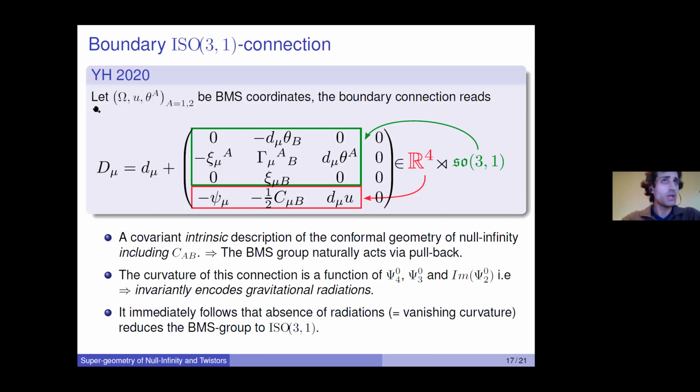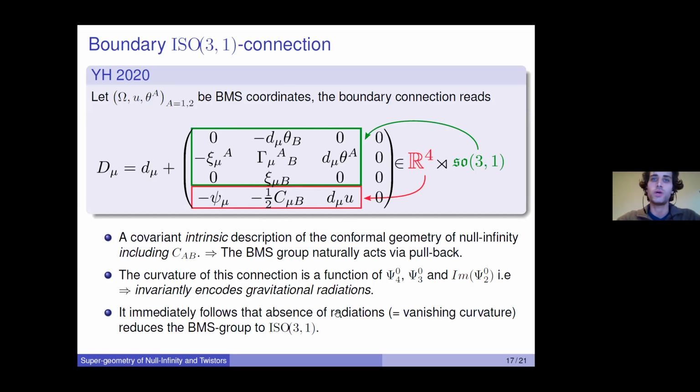perspective. You can have a look at the curvature of this connection, and what you realize is that the curvature is just a function of psi4, psi3, and the imaginary part of psi2, which is telling you that the curvature invariantly encodes the gravitational radiation. What I'm sort of hiding here is that this is really Cartan geometry.